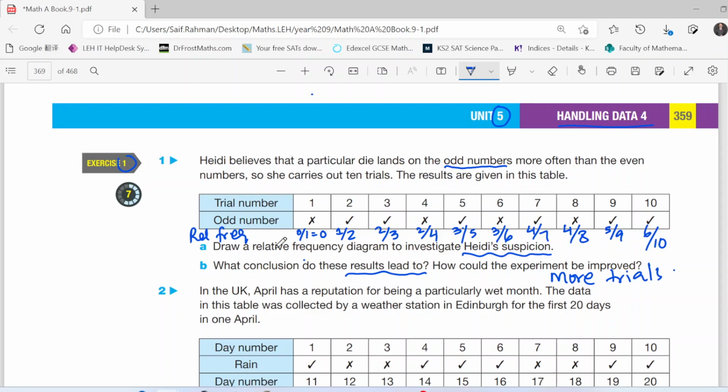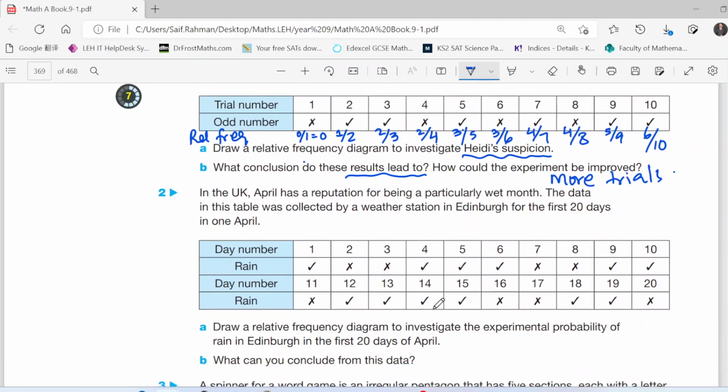So we go to the second question. It says that in the UK, April has a reputation of being a particularly wet month. That means it is more likely to rain in the month of April.